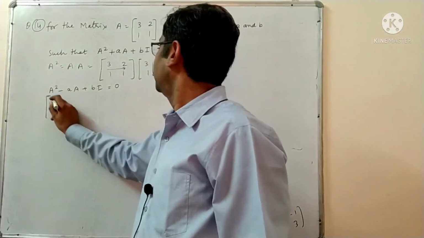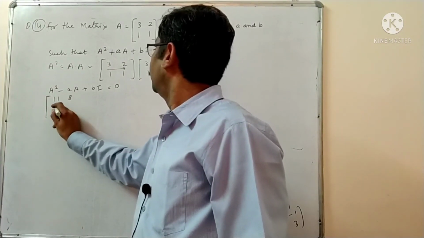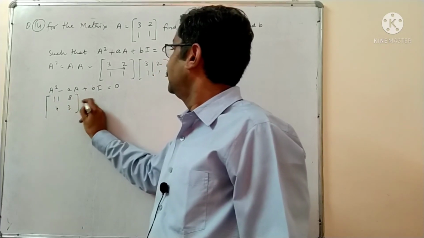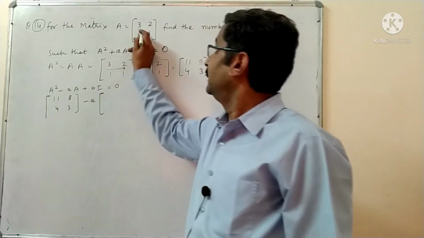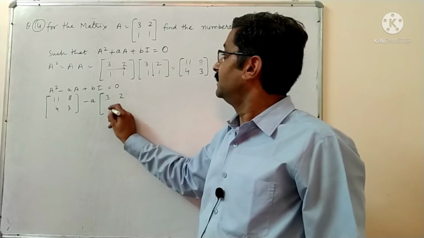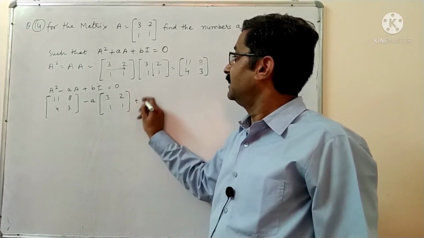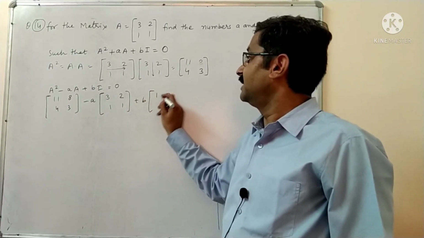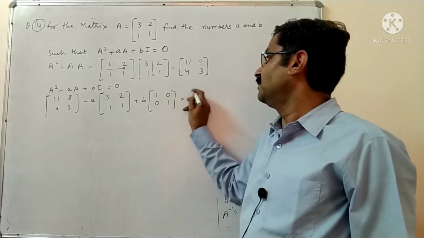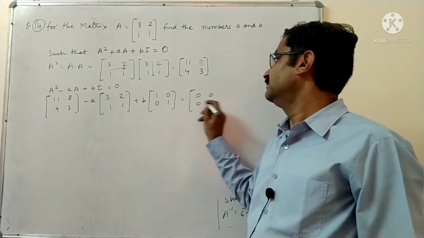What we get? 11 8 4 and 3 plus a, and A matrix is 3 2 1 1, and then b and I matrix. I matrix is unit matrix 1 0 0 1, and this is O, means here 0 0 0 0.